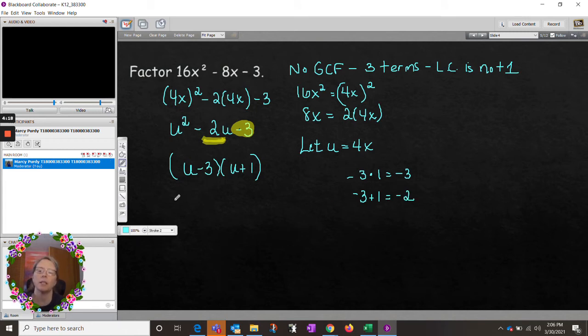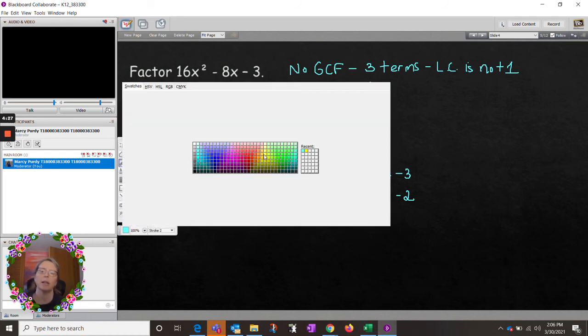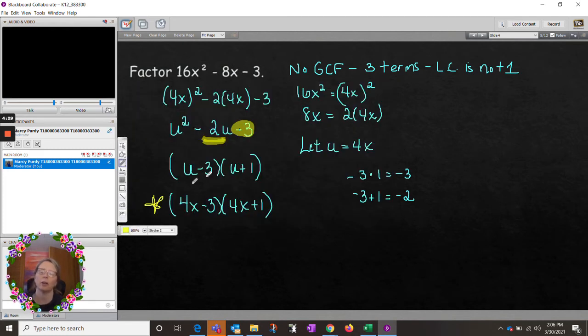So we replace the u with 4x, and we get 4x minus 3 times 4x plus 1 as our final answer. Now, if you did trial and error, you of course would be able to work that out that way and get this answer.